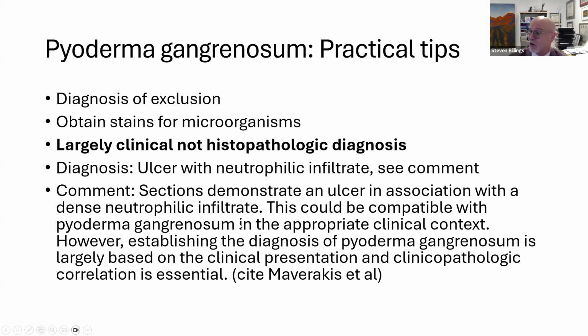This could be compatible with pyoderma gangrenosum in the appropriate clinical context. However, establishing the diagnosis of pyoderma gangrenosum is largely based on the clinical presentation, and clinical pathologic correlation is essential. And then I usually cite that paper I showed you at the beginning of this section.